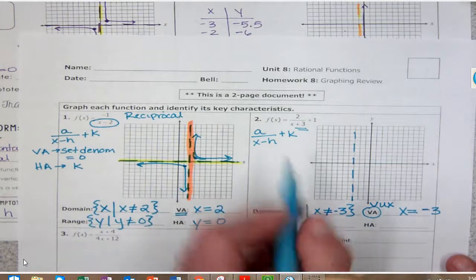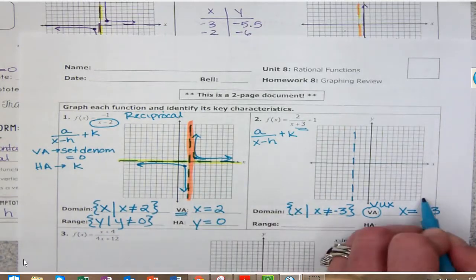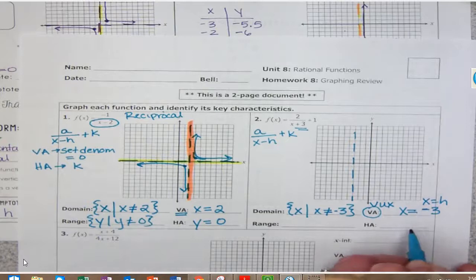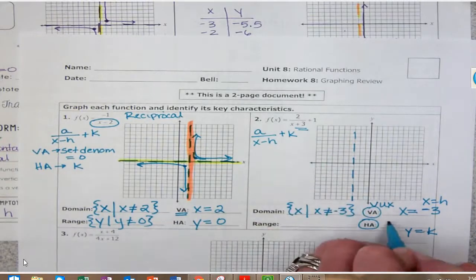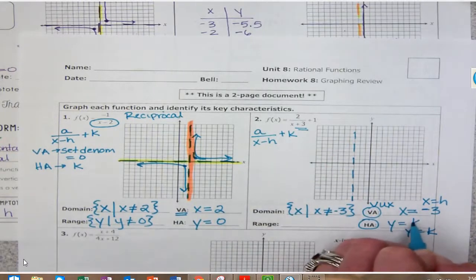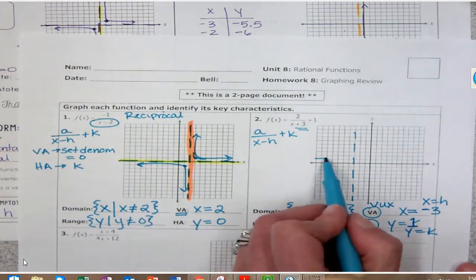Now my horizontal asymptote. This is x equals h. My horizontal asymptote is y equals k. K is 1. Y equals 1. So I'm going to graph that.